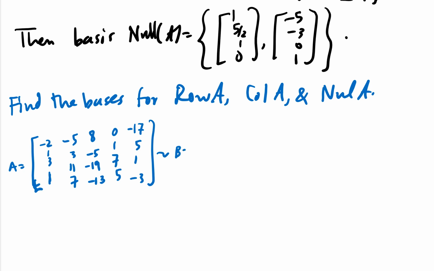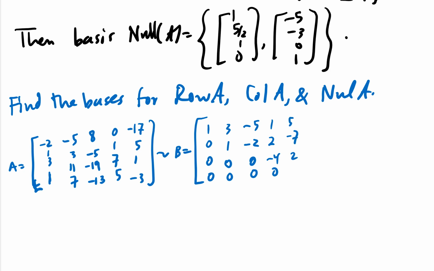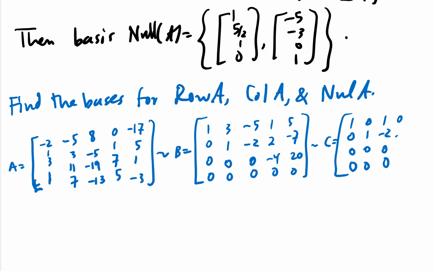And this is equivalent to B equals 1, 0, 0, 0, 3, 1, 0, 0, -5, -2, 0, 0, 1, 2, -4, 0, 5, -7, 20, 0. And this is equivalent to C: 1, 0, 0, 0, 0, 1, 0, 0, 1, -2, 0, 0, 0, 0, 1, 0, 1, 3, -5, 0.